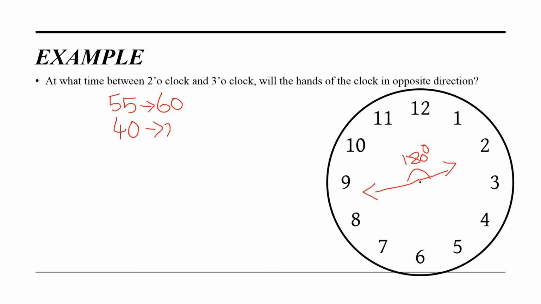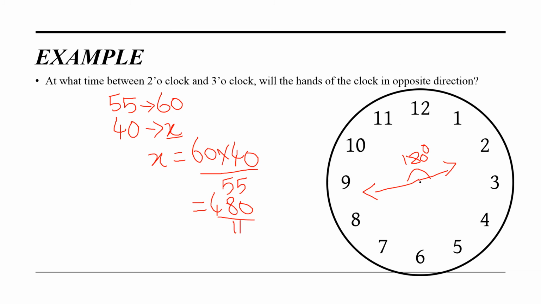We have to find that value. We need to cross multiply this for finding the value of x. So x is equal to 60 multiplied by 40 divided by 55. If we cancel this, it will become 480 divided by 11.